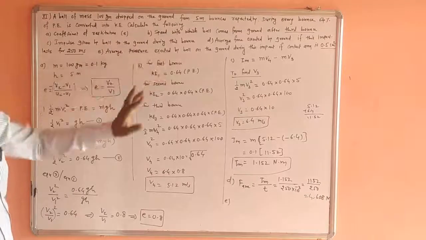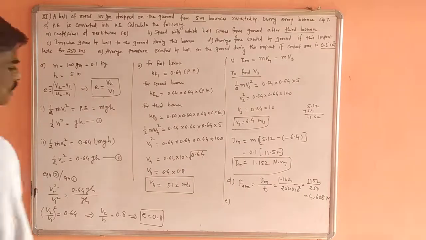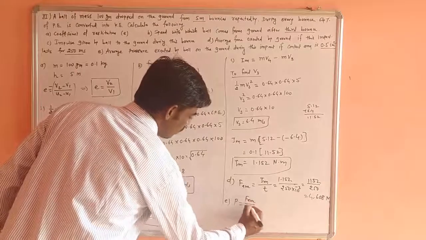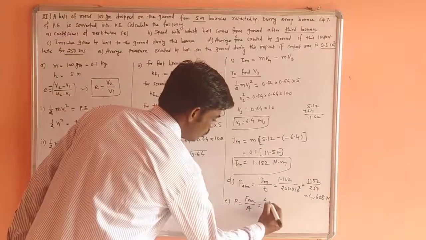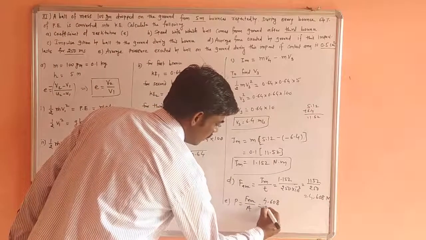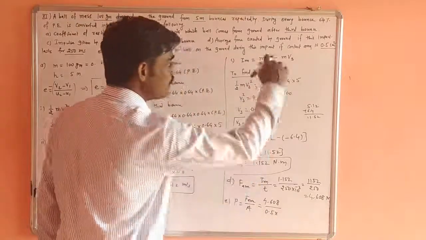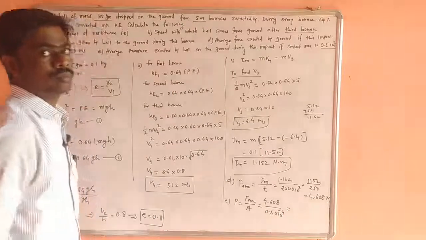And the last one: average pressure exerted by the ball on the ground during this impact, if the contact area is 0.5 centimeter square. So we know that pressure is nothing but average force upon area. Average force we just found is 4.608 and the area is 0.5 centimeter square converted into meter square, 10 raised to power minus 4.